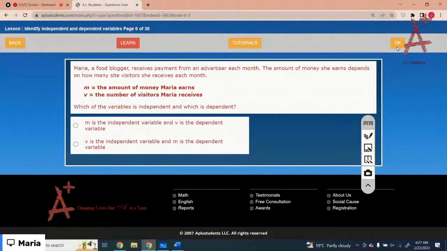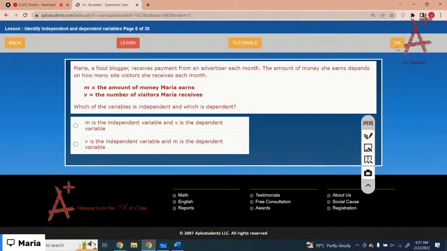Maria, a food blogger, receives payments from an advertiser each month. The amount of money she earns depends on how many site visitors she receives each month. So M equals the amount of money Maria earns and V is the number of visitors Maria receives. Which of the variables is independent and which is dependent? Basically, the amount of money she earns depends on how many site visitors she receives each month.